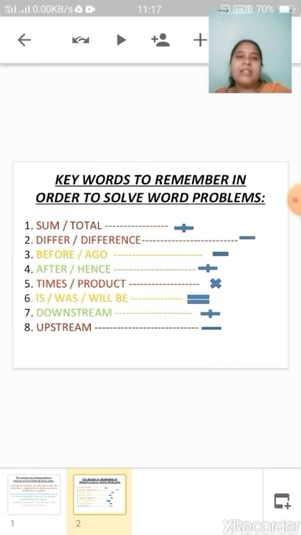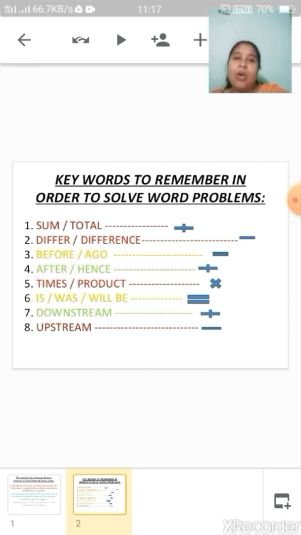It means that it is a summation or the total, that is plus. If you see words like differ or difference, you have to subtract. Similarly, if you read sentences like 5 years before his age was, or 2 years ago his age was, so before or ago, I hope you know that there also you need to subtract.